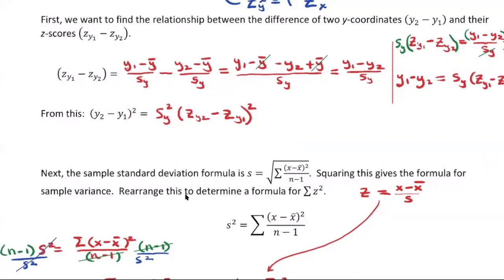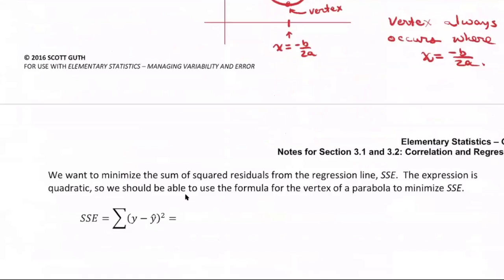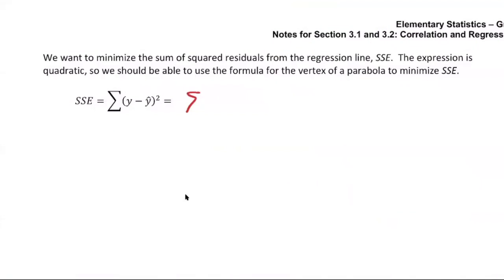Okay, so I'm going to write this as the sum of sy squared, then the z-score of y minus the z-score of y hat, like that, squared.